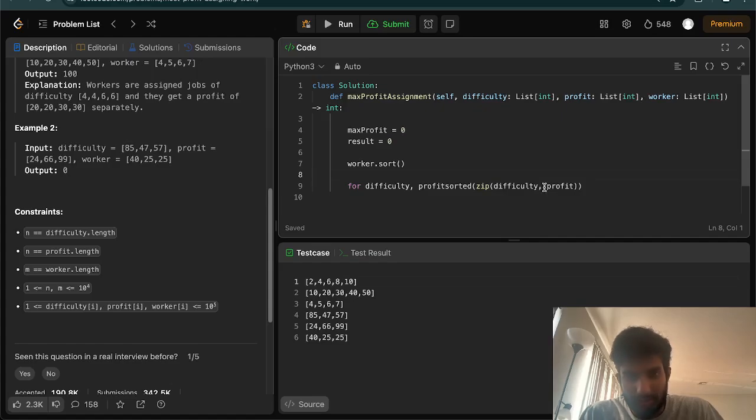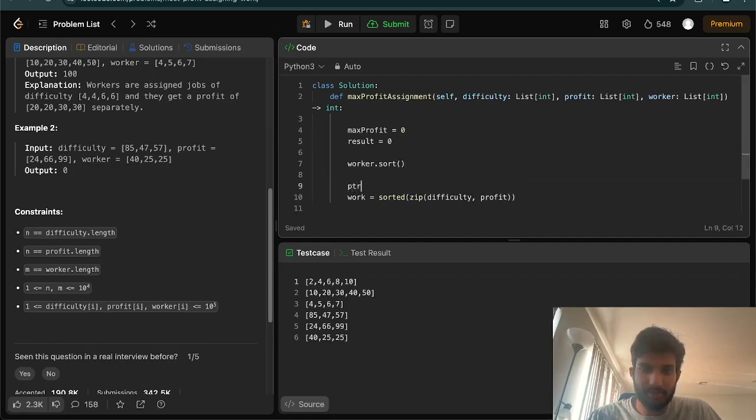So I'm basically going to use a pointer instead. I'm just going to call this work for now, with the pointer at 0.